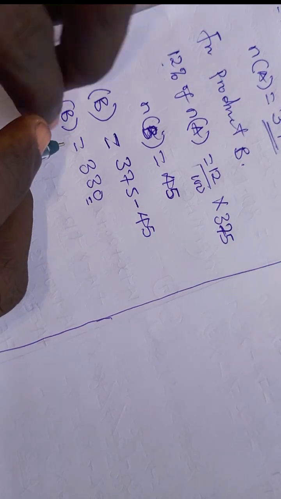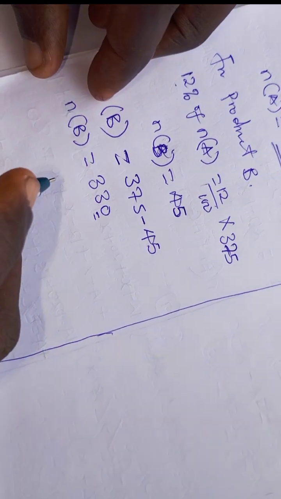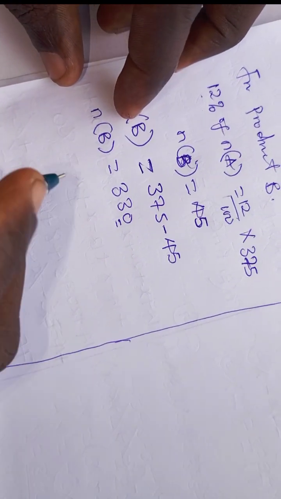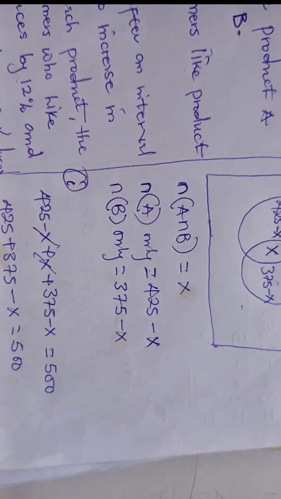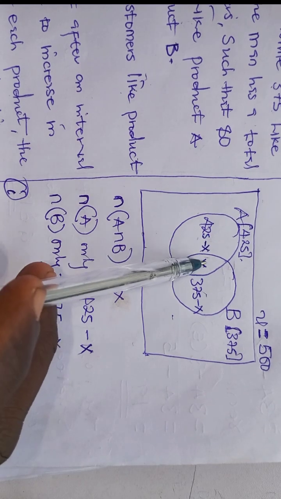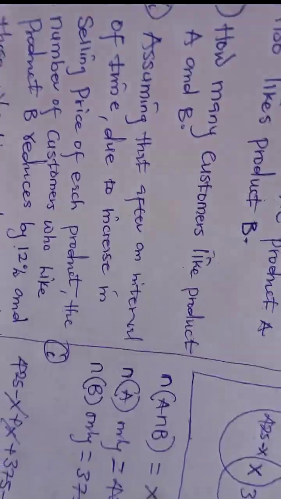Alright, so what we are going to do firstly is denote the number of customers that like neither of the products. We've already used X in our initial representation, so let's try using Y in this case.